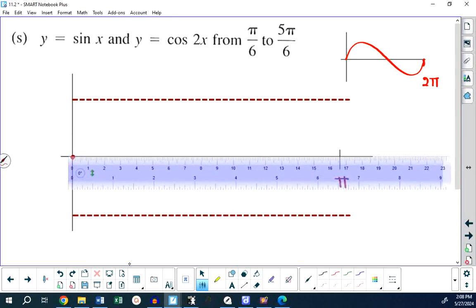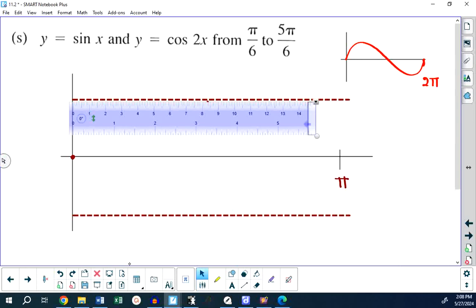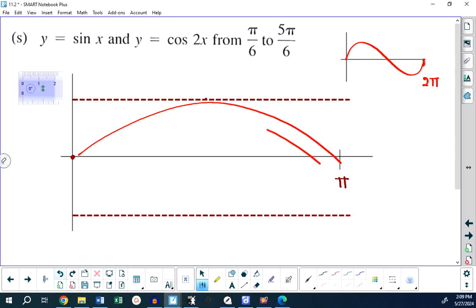What was that, 16.6, that's 8.3. I just want to do a fairly decent graph here. 8.3 would be about close enough. So what this graph will look like in the region we're interested in is that.